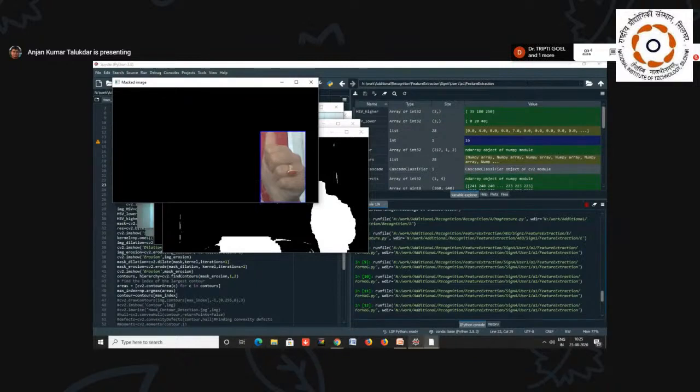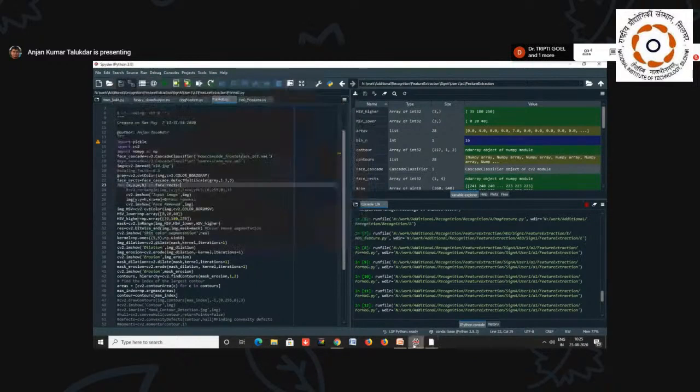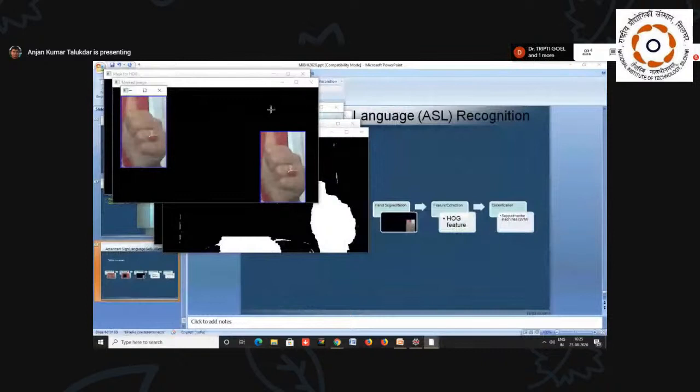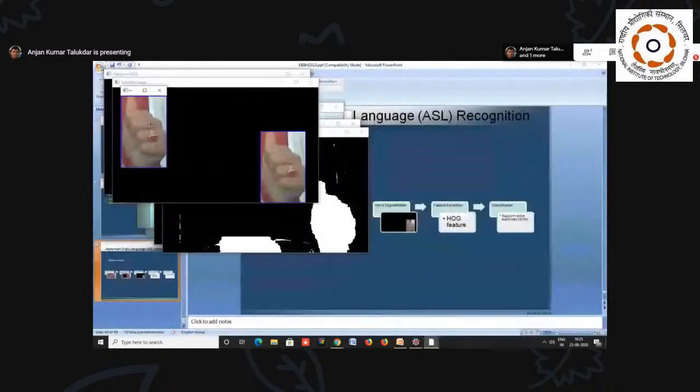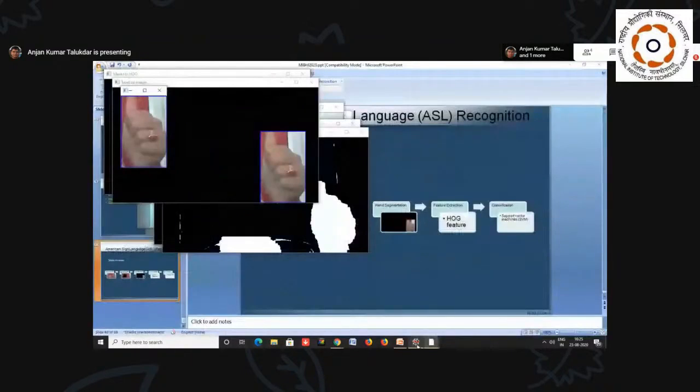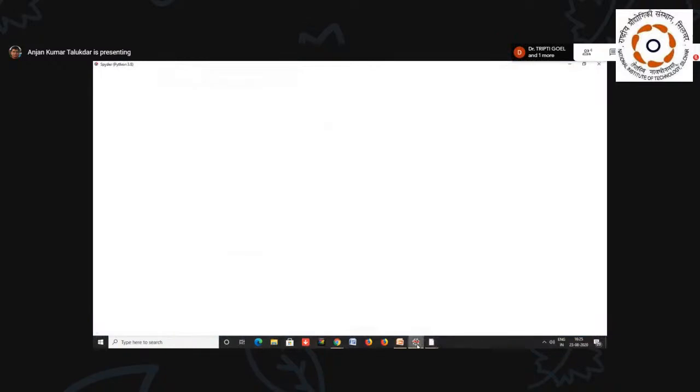So for that, I have separated this part from the background. Okay, so this part I have separated. This is now my new image for feature extraction. Then I have used the HOG feature extractor. Then finally I have used the classifier. Now I will show you step by step.